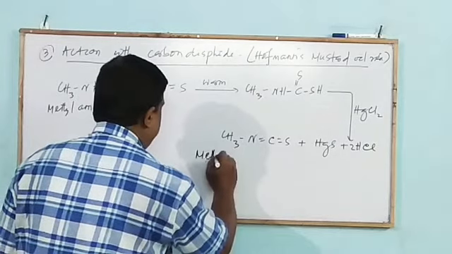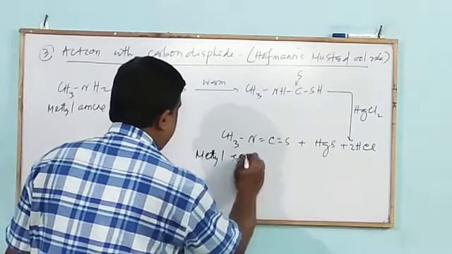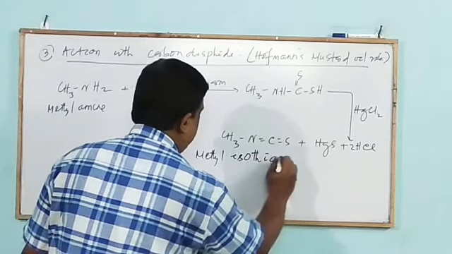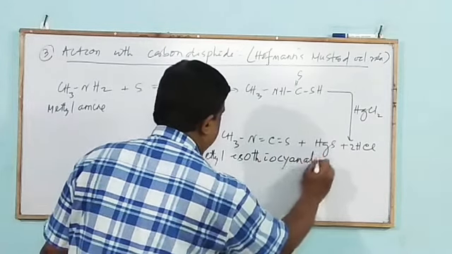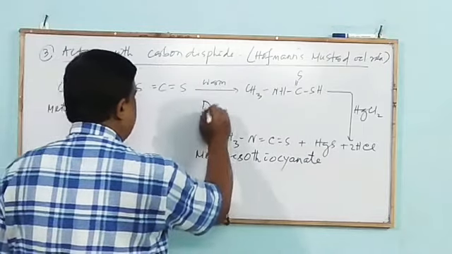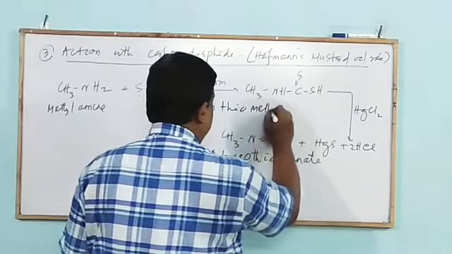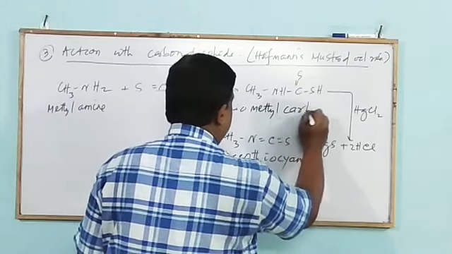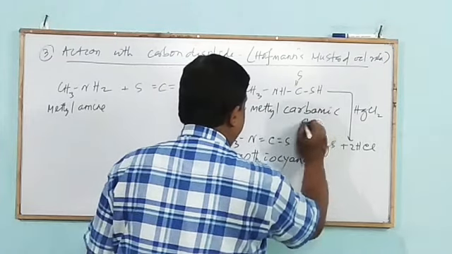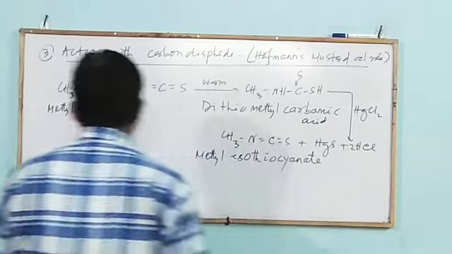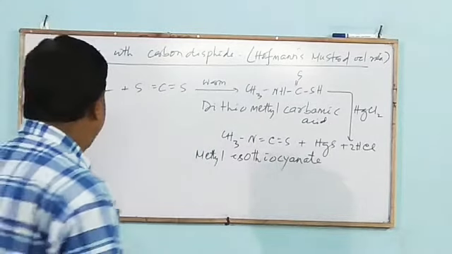Its name is methyl isothiocyanate. Its name is dithiomethyl carbamic acid. Mark the statement. What is the statement?